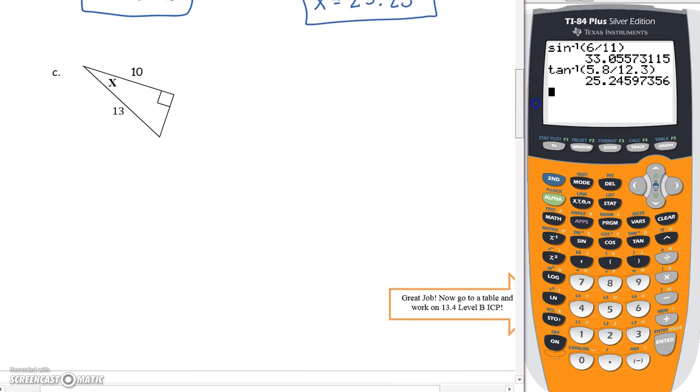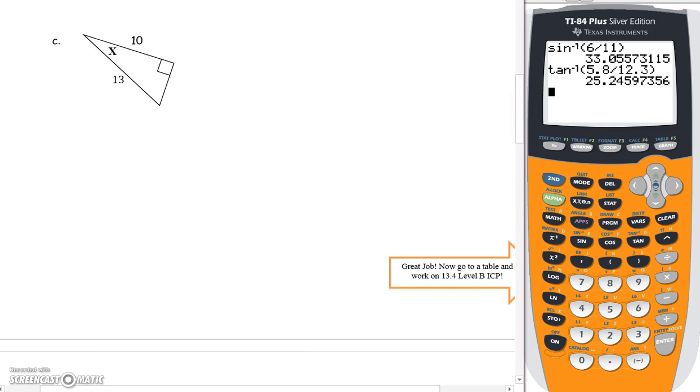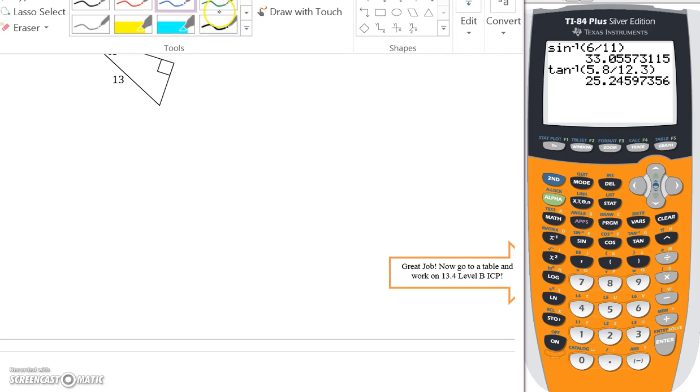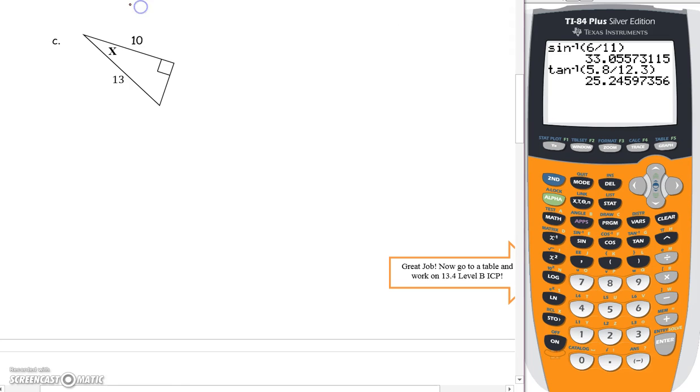So let's look at this example right here. Once again, it's not straightforward. It's very skewed. So we're going to say, hey, our eyes are right here at x. And I know that this is across from 90 degrees, so 13 is my hypotenuse. And 10 is right next to my eyes, so that's my adjacent side.